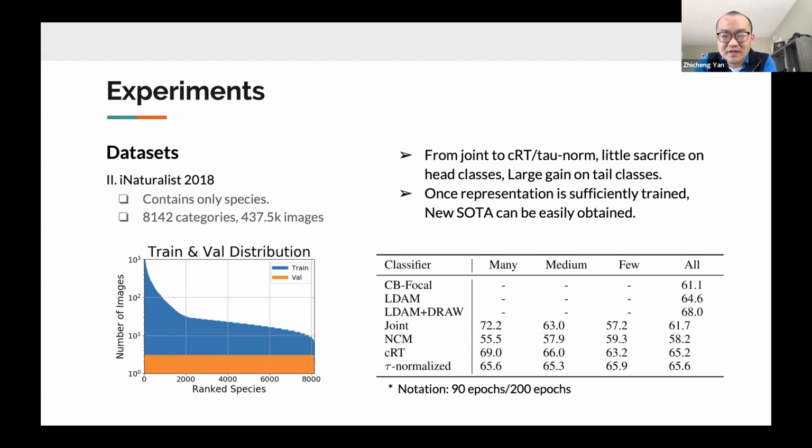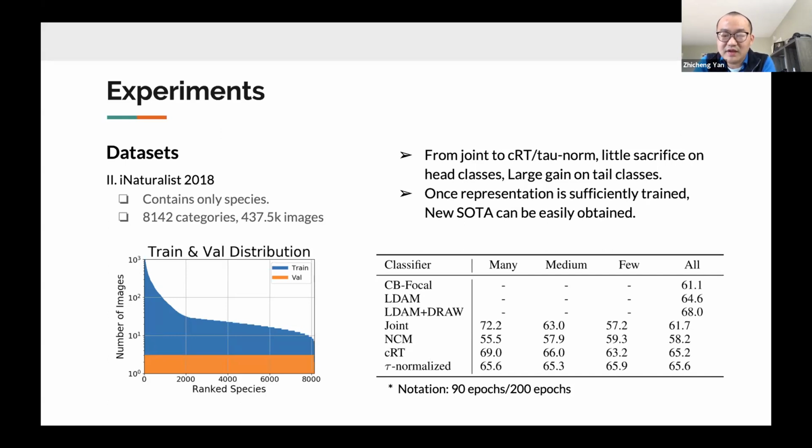The iNaturalist dataset is way more challenging in the sense that, first, it's a realistic dataset collected by professionals. It has over 8,000 categories, and the natural distribution is highly imbalanced. Previous work also reported competitive results, and the CVPR work is using class balanced sampling and the focal loss to improve the classifier training process.